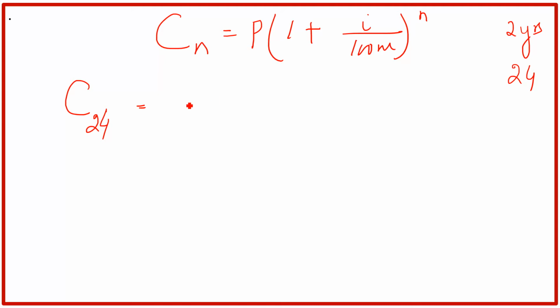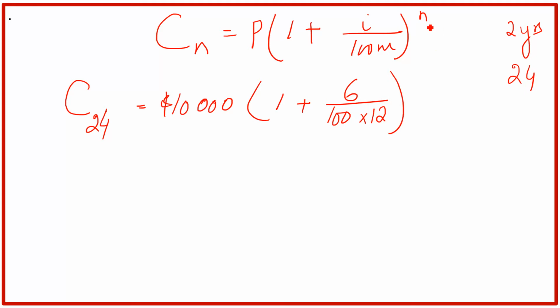is equal to 10,000 you are going to invest, 1 plus I is the 6%, and then 100 is there. What about M? See, how many months are there in a year? There are 12 months, so we will write 12 here. Then whole raised to power the total number of periods.